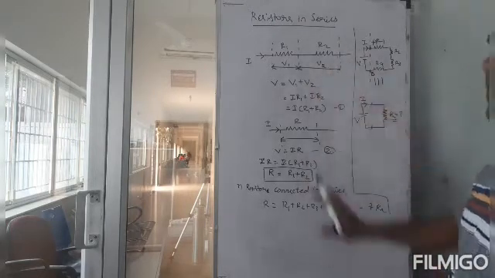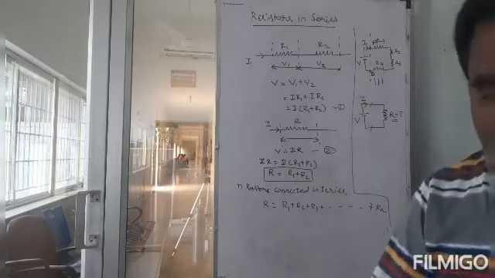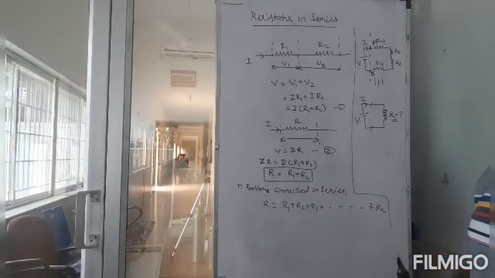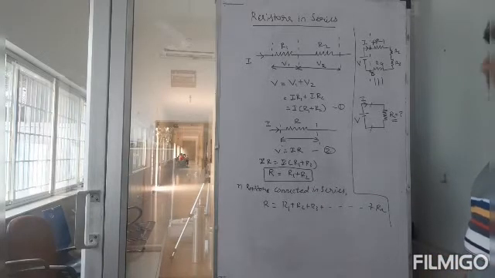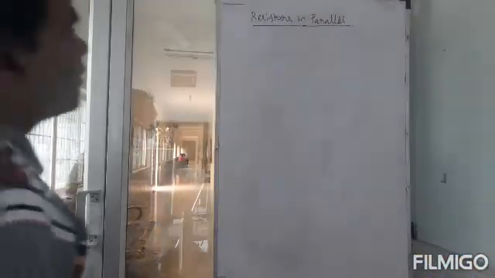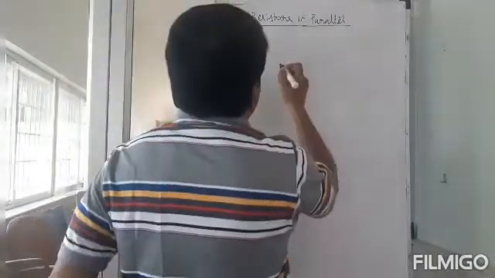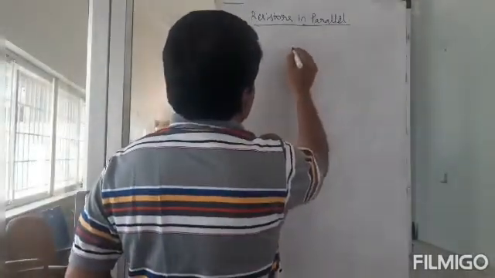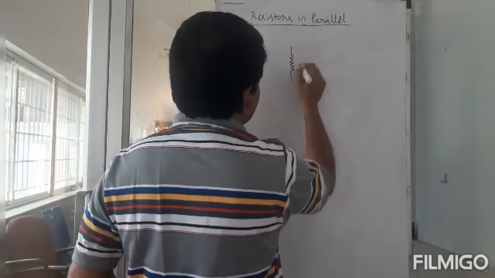And this is how you find it for series connection. We'll do the same thing for parallel connection. Okay, now we'll talk about resistors in parallel. Okay, so let's say I have 2 resistors in parallel.